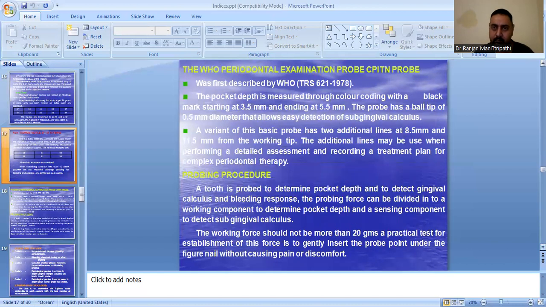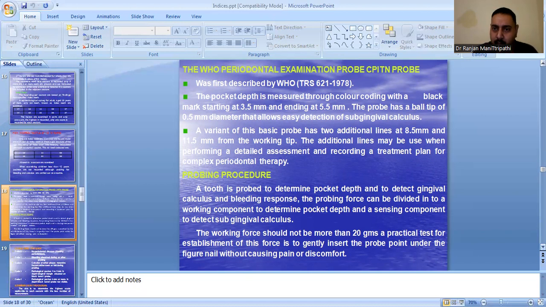The WHO periodontal examination probe, or the CPITN probe, was first described by WHO, also known as TRA 621, in 1978. The pocket depth is measured through color coding with a black mark starting at 3.5 mm and ending at 5.5 mm.